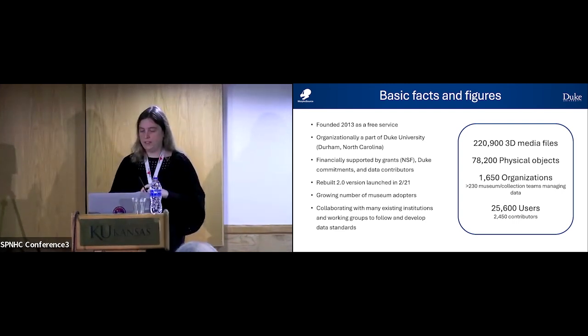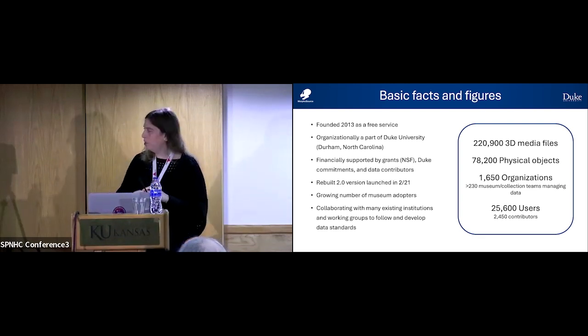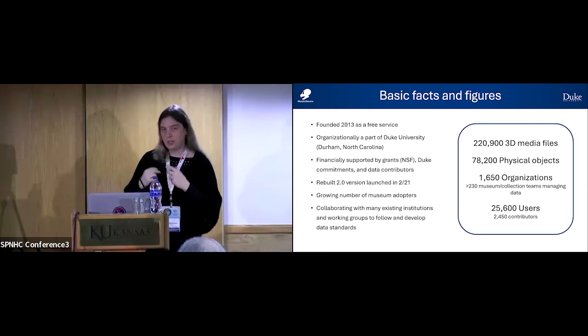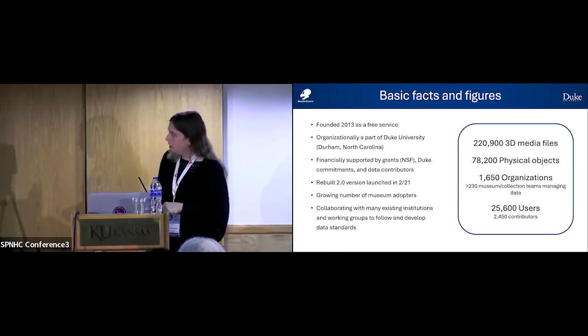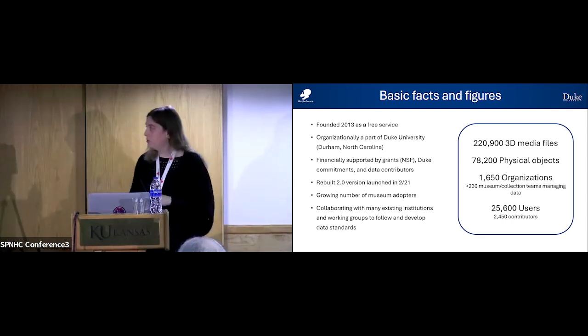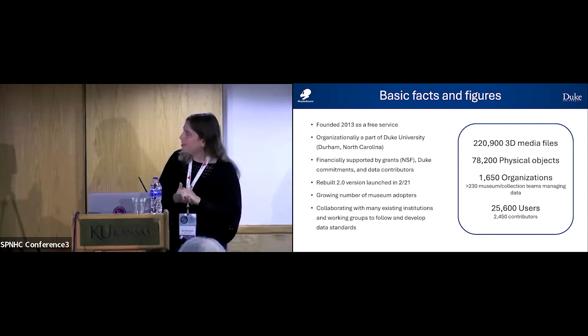Some historical facts and figures. We got started in 2013, so we've been around for about 12 years now. We are organizationally a part of Duke University, though we also have some representation here at KU. I'm a KU affiliate. I live here in Lawrence. Yeah, and we have about 220,000 3D media files representing 78,000 physical objects from over 1,600 organizations.